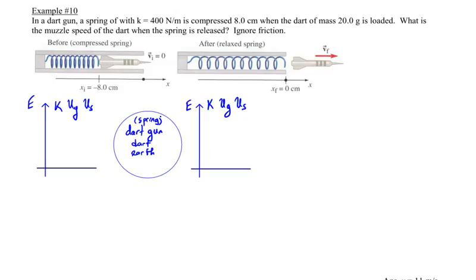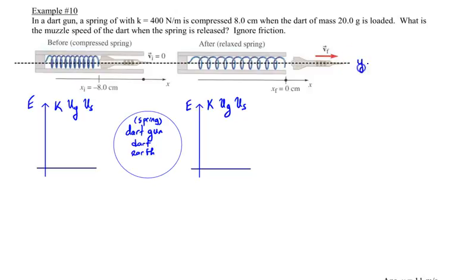Okay, so we have the dart gun or spring, the dart itself, and then the earth as part of our system. Now, fortunately for us, the dart is being fired horizontally, which means that it would be consistent to choose this particular point right along this dashed line to be our reference level height.